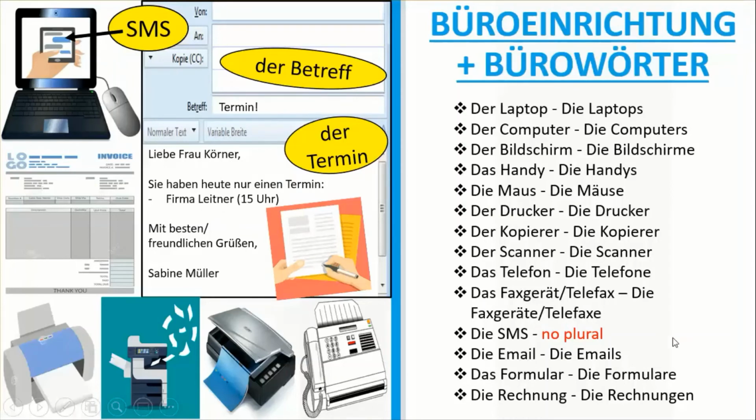Then we have das Formular, singular, die Formulare, plural, which refers to the form and any form in German. Then the last noun for this tutorial part is die Rechnung, singular, die Rechnungen, plural, which is the invoice.